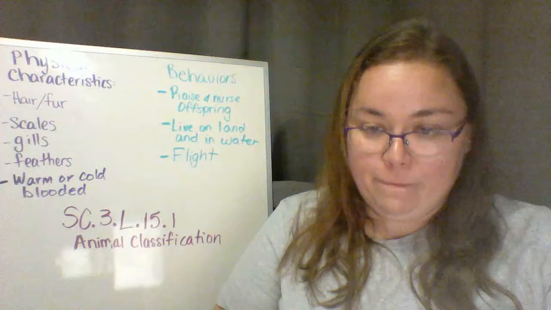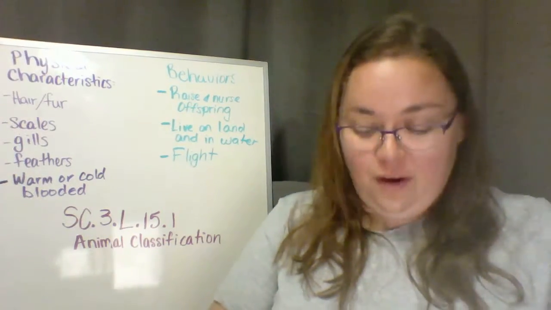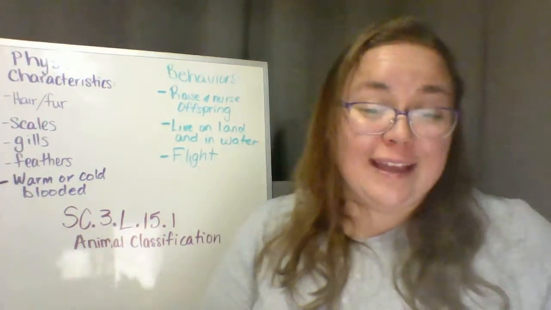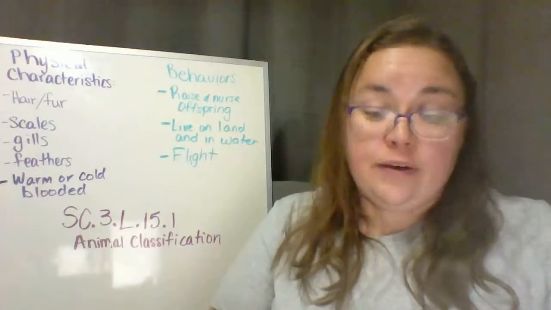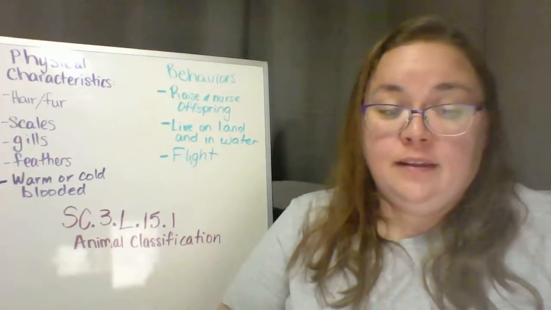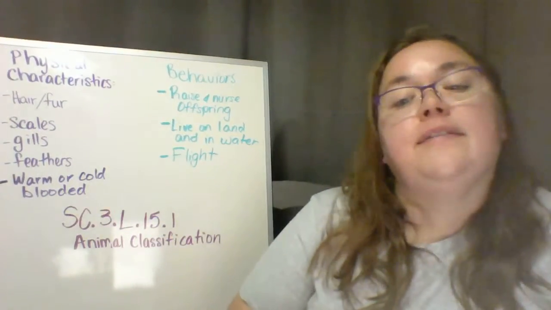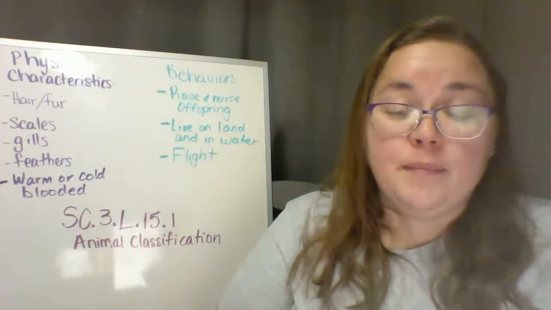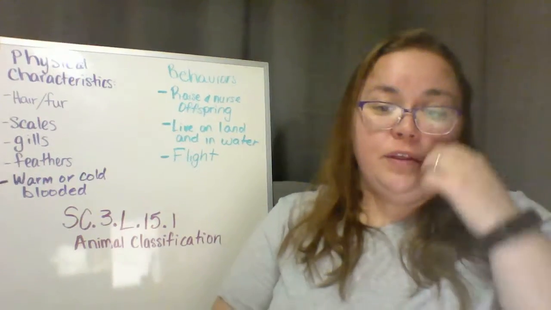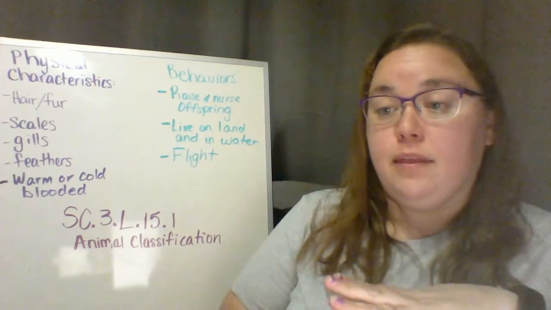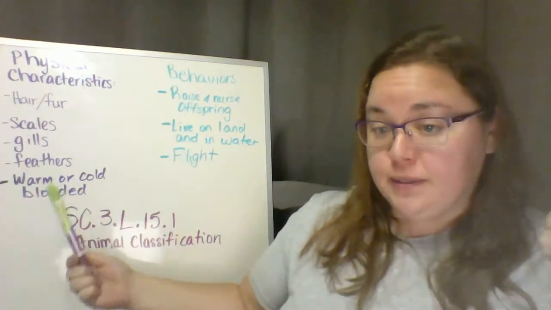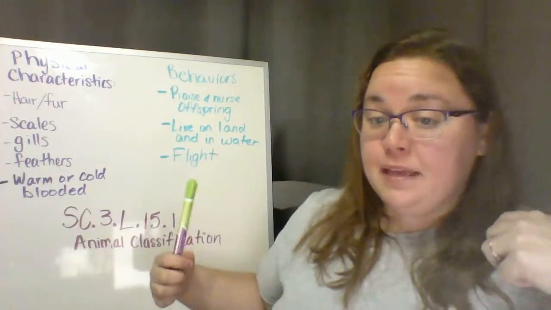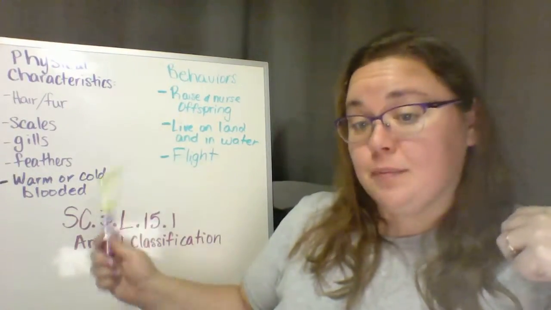I don't really have a way of doing a check for understanding except, so here's the deal, I am going to do it, but it's going to be different. You're going to have to reply in Dojo and send Miss Gall a message. I would like for you to see if you can come up with one physical characteristic and one behavior that are not on this board.